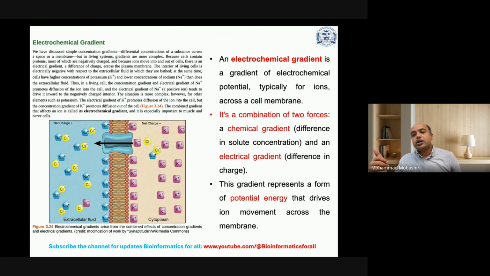It's a combination of two forces: a chemical gradient force, that is the difference in solute concentration, and an electrical gradient, the difference in charges, because you can see positive and negative charge. This gradient represents a form of potential energy that drives ion movement across the membrane. And the same thing you could see here.